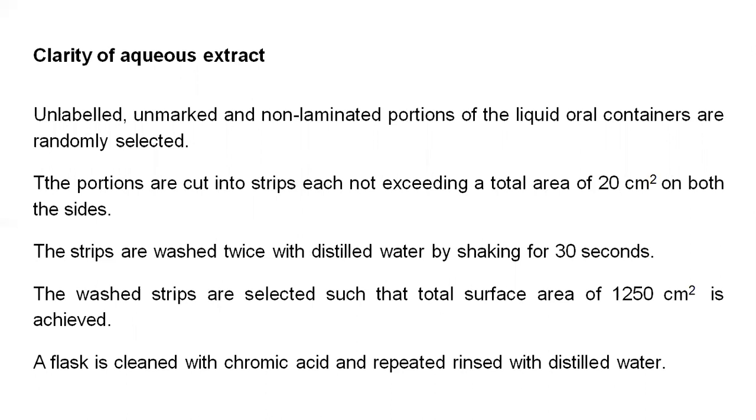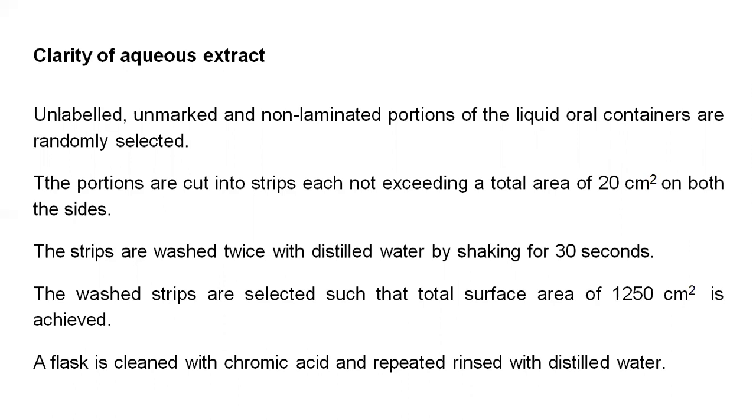Unlabeled, unmarked, and non-laminated portions of the liquid oral containers are randomly selected. These portions are cut into strips, each not exceeding a total area of 20 square centimeters on both sides. The strips are washed twice with distilled water by shaking for 30 seconds.